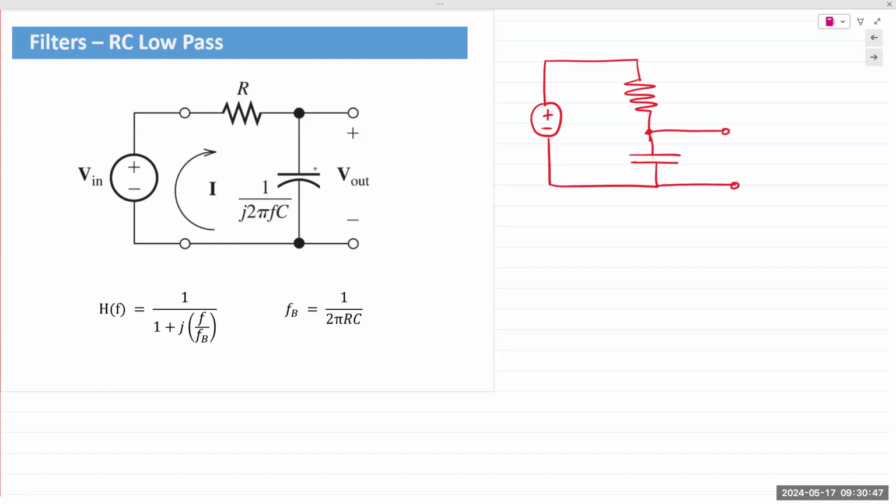Sometimes when you first look at these circuits, it's hard to visualize. Hence, I'm drawing it out this way. It's a straightforward circuit. You have a resistor and a capacitor connected in series to a voltage source Vin, and you have current I flowing through the circuit. This would be R, and this would be C. And Vout is taken across the capacitor.